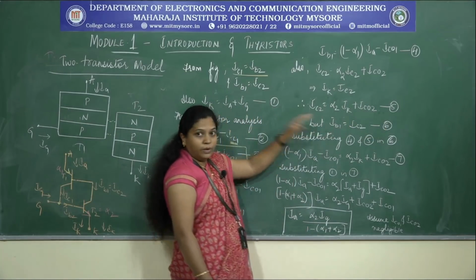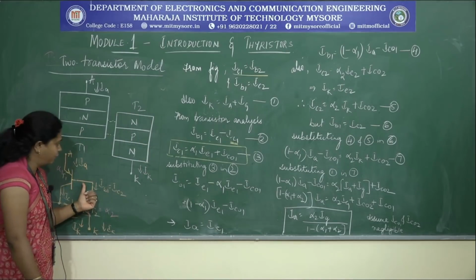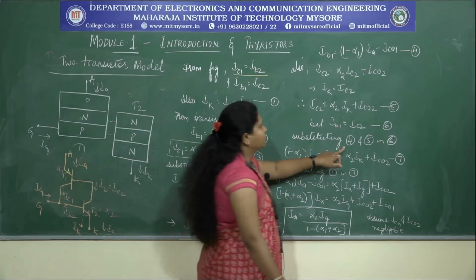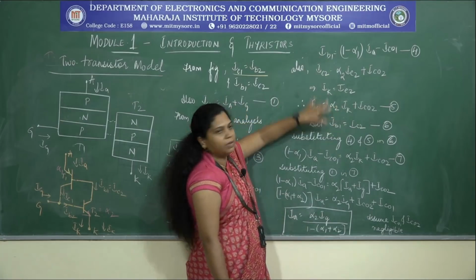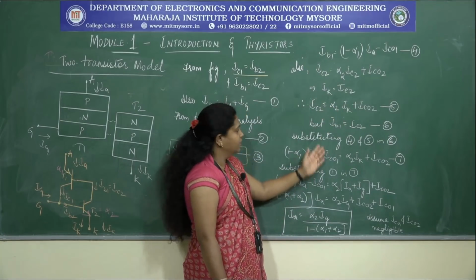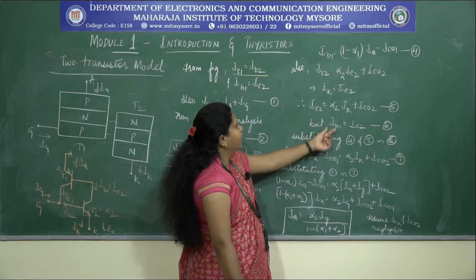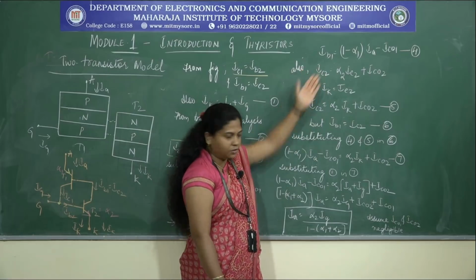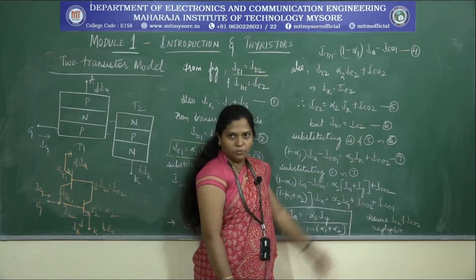Now, we also know that IB1 is equal to IC2: the base current flowing here is equal to the collector current of the second transistor. So, substituting equations 4 and 5 in equation 6, IB1 and IC2 which you have already found out, IB1 is nothing but (1 minus alpha 1) into IA minus ICO1, and equation 5 tells about IC2.